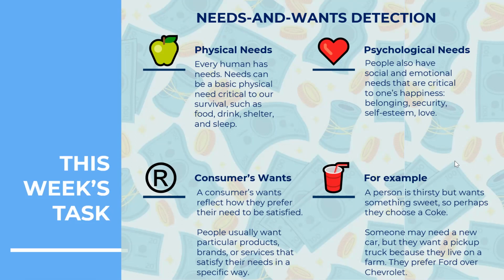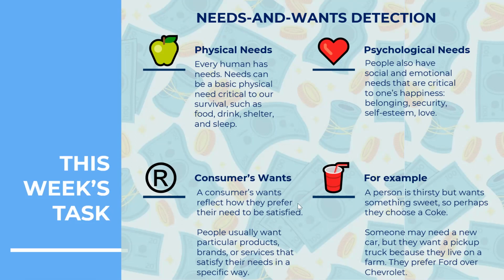I don't care that Chevrolet has the best. I want to go with Ford because people in my family drive Ford, for example. So you can see here how consumers' want is how you prefer that need that you have for transportation, in this case, to be satisfied through a very particular car of a very particular brand.